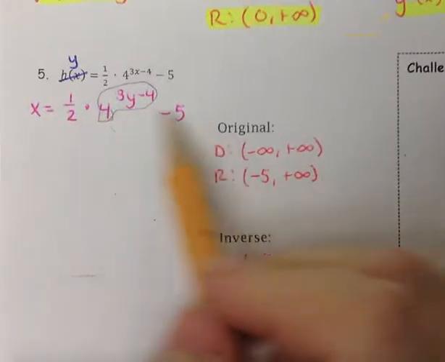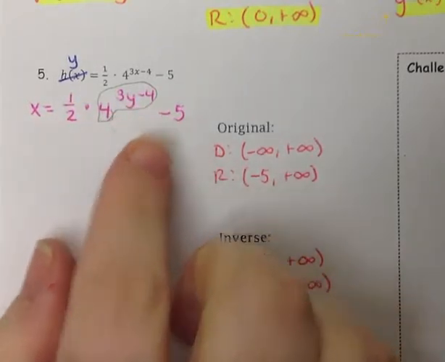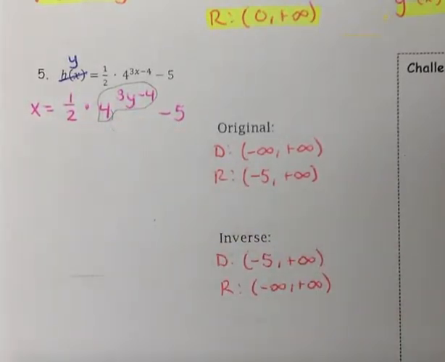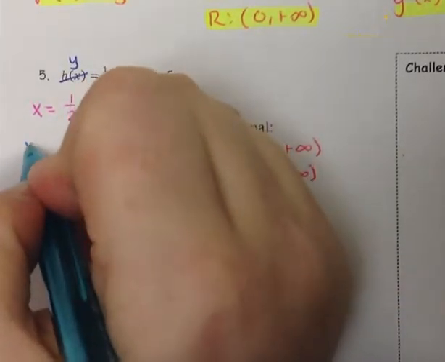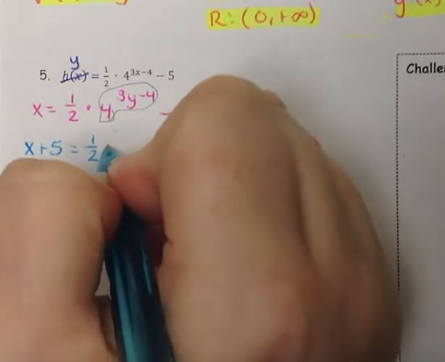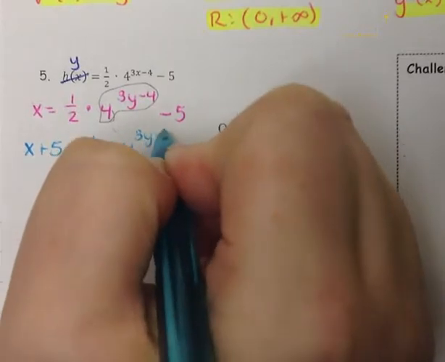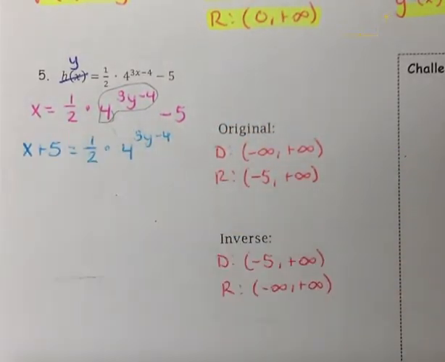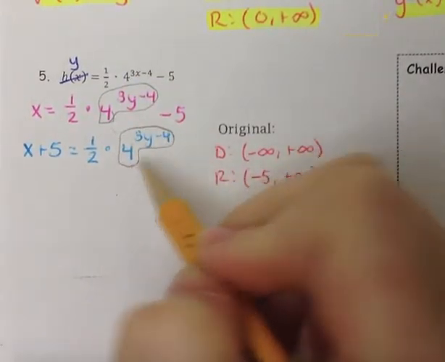It means we have to get everything else away from it. So order of operations, if we're solving, meaning that we have to get the stuff alone, we have to add and subtract first. So we're going to add that 5 to the other side first. We're going to have x plus 5 equals 1/2 times that 4 raised to the 3y minus 4. So again, we want to get this base and its exponent alone.